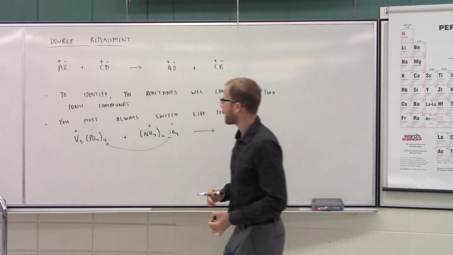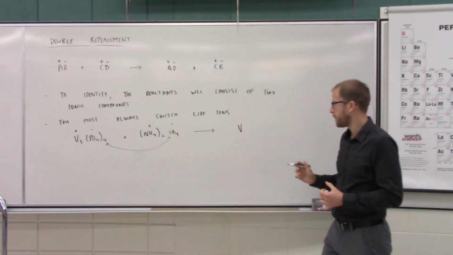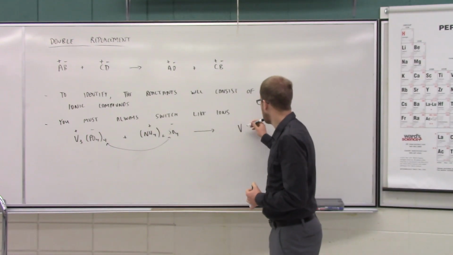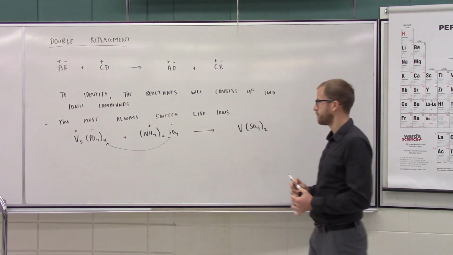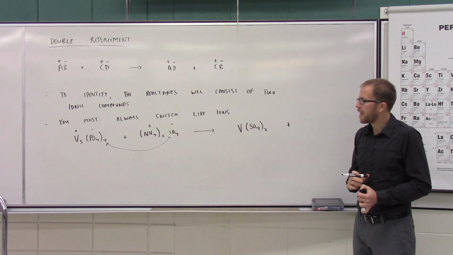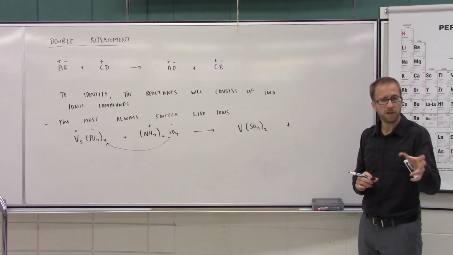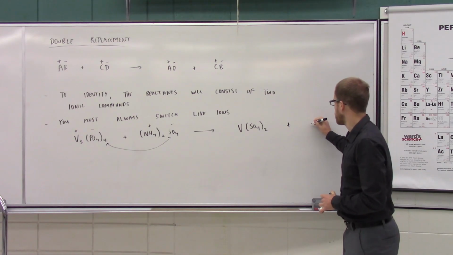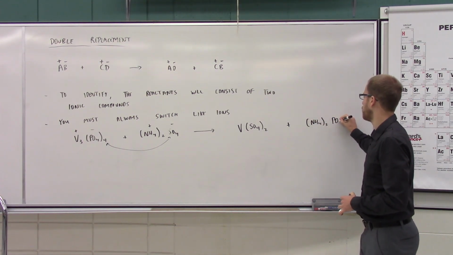We're switching like ions, so it's going to be bonded with sulfate. So it's going to be V(SO4)2 plus, and then we have ammonium bonded with phosphate, and ammonium's +1, phosphate is 3 minus. This gives us (NH4)3PO4.